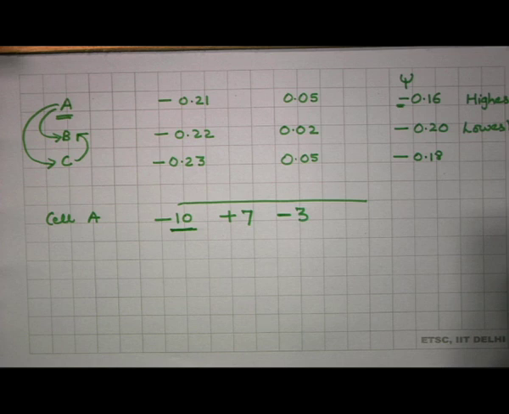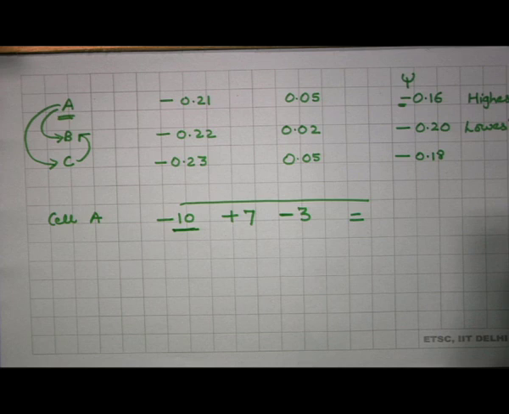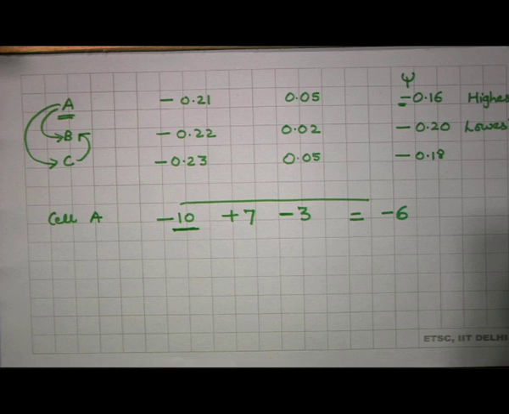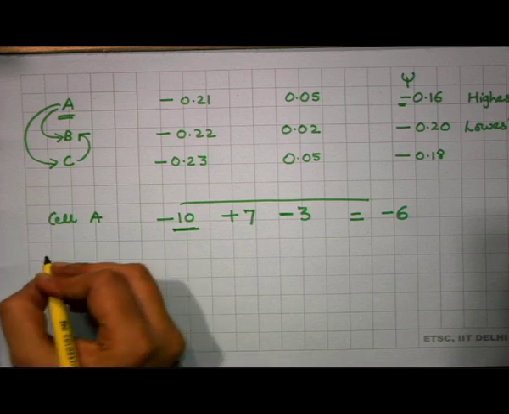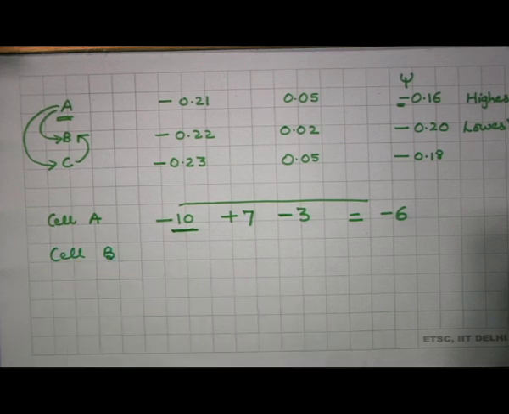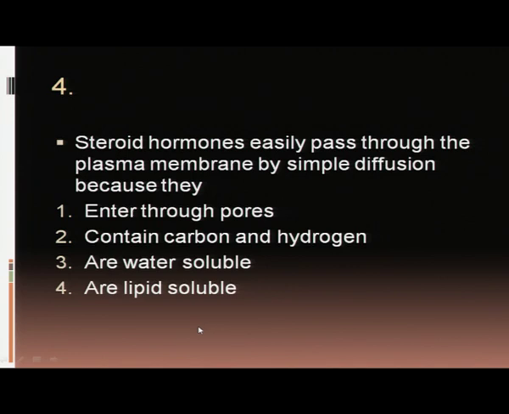So, when we add all these, we get minus 6, and similarly you will calculate for cell B also, and you will see that the movement is from A to B. A has higher water potential and B has lower water potential. So, the movement is from A to B.